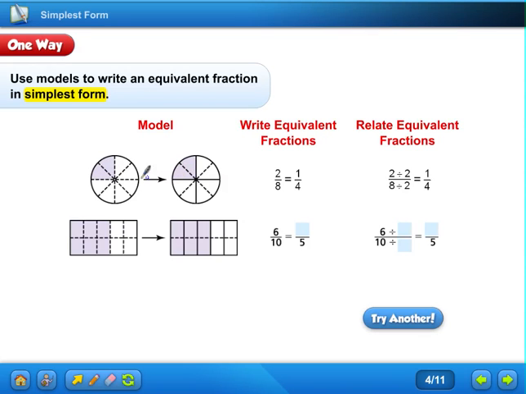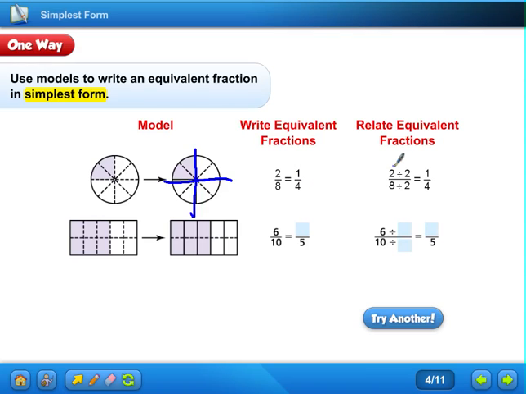They're showing you the model for that. So 2/8, but 2/8 is also equal to, if you break this into fourths, it's also equal to 1/4. 2/8 is equal to 1/4.